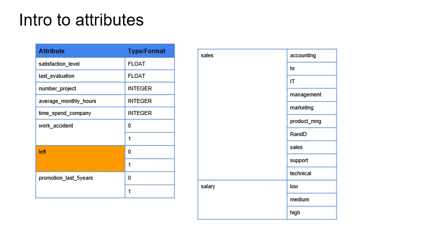Average monthly hours means the average hours an employee spent working in this company. Time spent company is measured by year, means how many years an employee has worked at the company. Work accident is a boolean. Zero means the employee hasn't had an accident in the company, and one means they have.